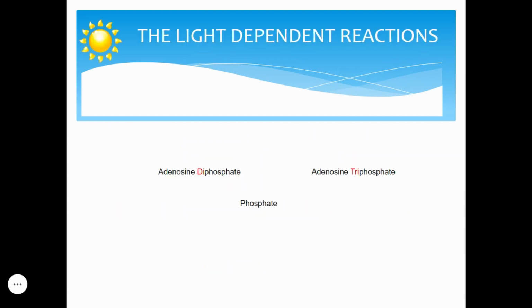Now, remember I mentioned that hydrogen that is pumped into the thylakoid. Here is where we will talk a little more about that hydrogen. So also in the light-dependent reactions, we're going to make 2 energy molecules.